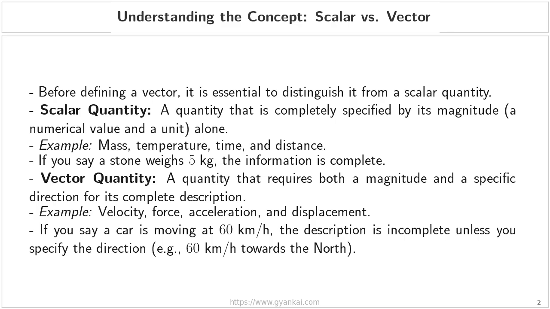If I simply tell you that a car is moving at 60 kilometers per hour, you might have a good idea of the speed, but the description is actually incomplete. To truly understand the car's motion, you need to know the direction, for example, 60 kilometers per hour towards the north. Understanding this difference between just a number and a number with a direction is the foundation for everything we are about to learn about vectors.